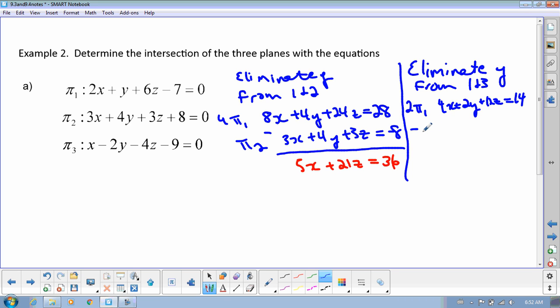I'm going to leave pi 3 as is. So I have x minus 2y minus 4z equals 9. So this time I'm going to add these equations. So 4x plus x gives me 5x. 2y minus 2y goes away. 12z plus negative 4z, so I have plus 8z equals 14 plus negative 9.